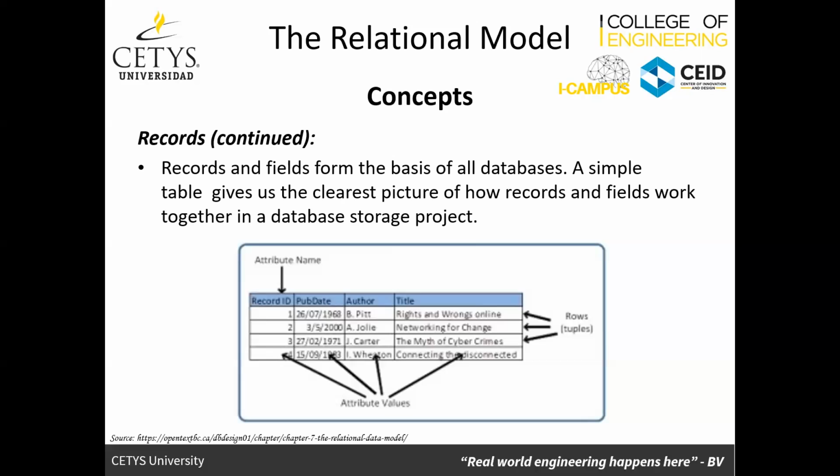The rows are going to represent the records, and there are going to be synonyms for things here. Remember the synonyms, and that's probably going to be a question in the exam. So the data that's stored there, we can call rows, we can call records, and we can call them, a more technical term, tuples.